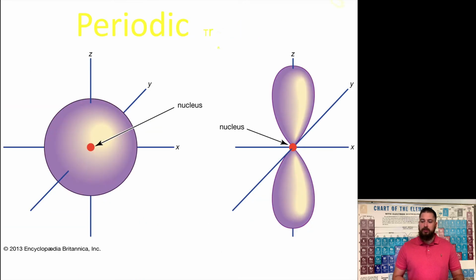If you take a look at the shape of these orbitals, you'll see that the nucleus definitely holds on to the s electrons more tightly than the p electrons.